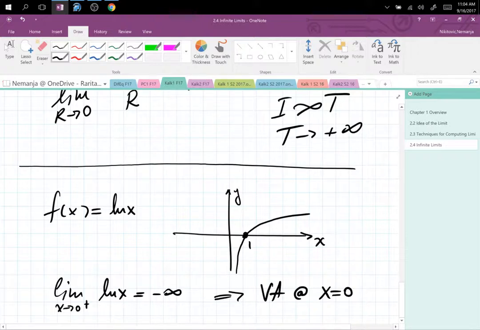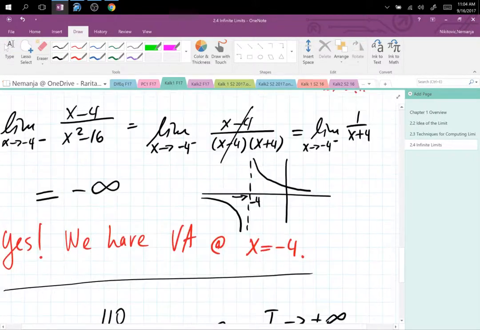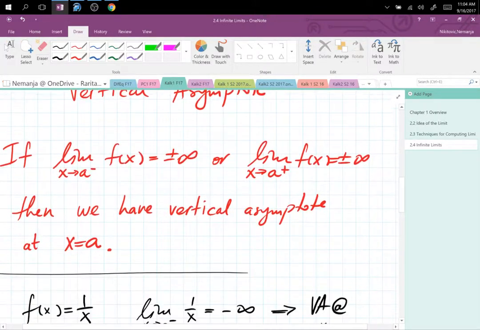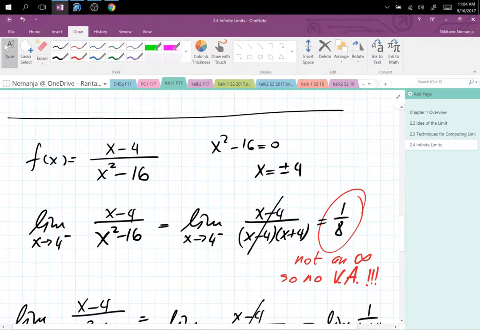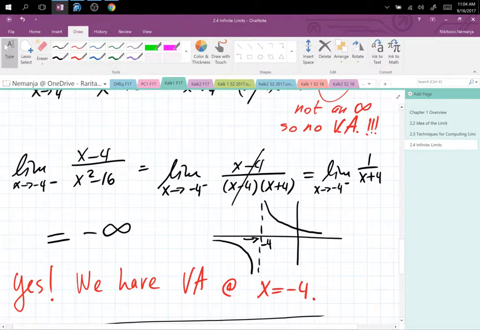So we are not concerned for asymptotes with the overall limit. The definition never mentions overall limit. The definition clearly states if one or the other is infinite, boom, vertical asymptote. If they're finite, no vertical asymptote. You get the open circle. You just get the hole on that spot. So technically, the graph is going to look like this.